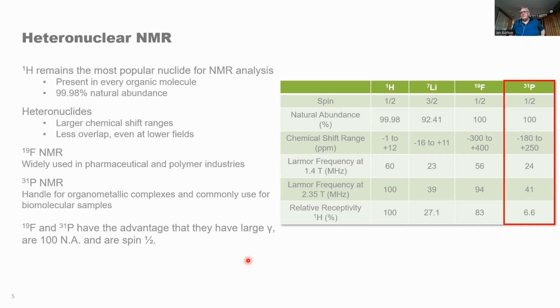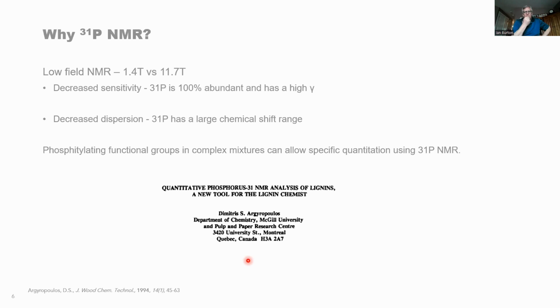So for the lignins, phosphorus was the ideal one. Now, lignins don't contain phosphorus, so we have to add phosphorus to it. This gives us some selectivity in what we can look at in a complex biopolymer. So again, low field NMR versus high field NMR, generally you lose out in sensitivity and dispersion, but by going to something like phosphorus, it's 100% abundant.